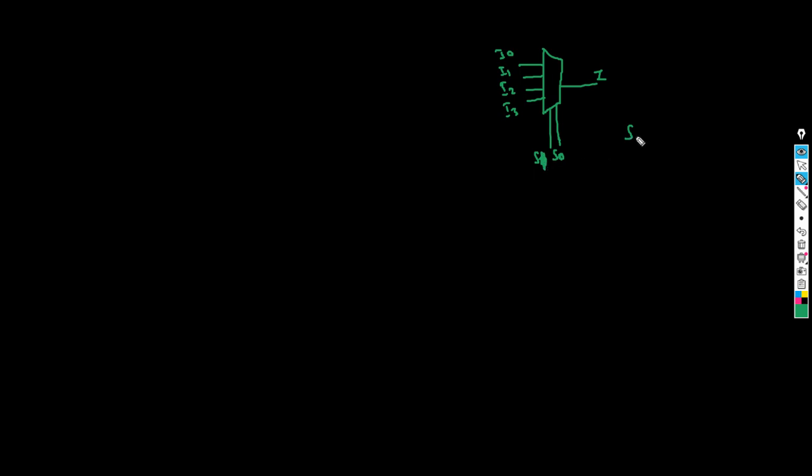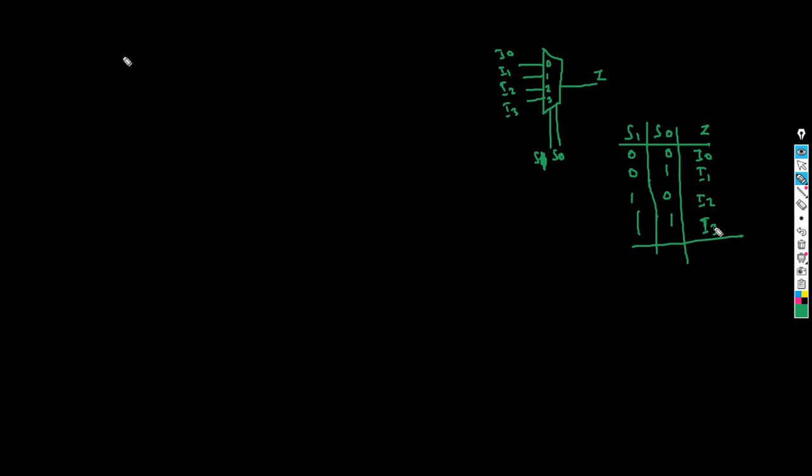S1 and S0 take values 0, 1, 2, 3, that is 00, 01, 10, 11. The outputs are I0, I1, I2, and I3 respectively. So this is how it is designed.